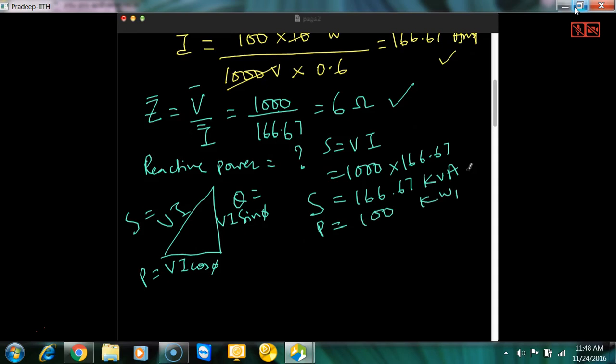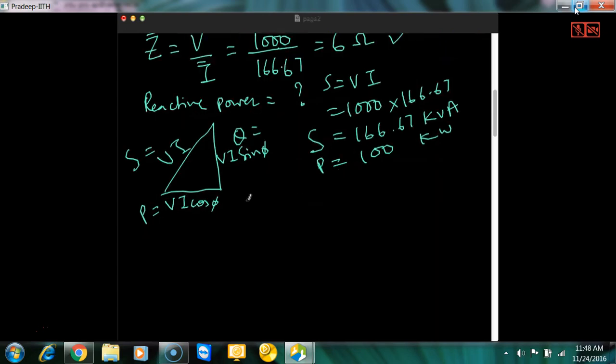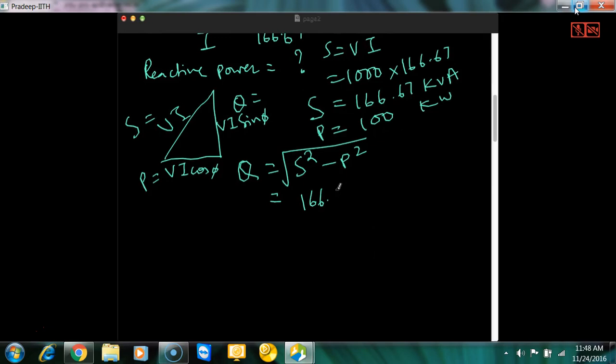So from this triangle, I can find out the Q. Q is the square root of S square minus P square. So that is 166.67 square minus 100 square, and entirely under the square root.